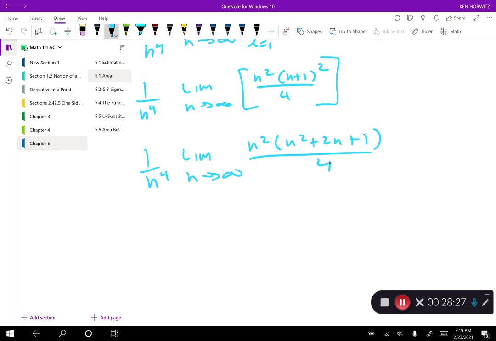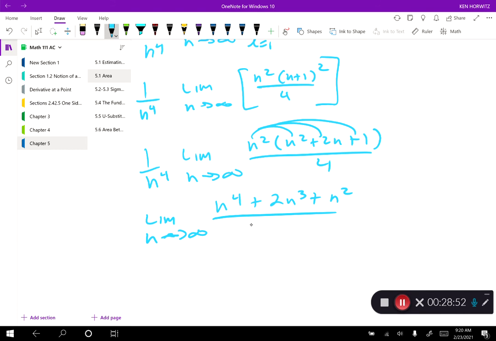Then I can bring that back in now, because we want to evaluate that limit. So I'm going to distribute. I get n to the 4th plus 2n cubed plus n squared, over 4n to the 4th.